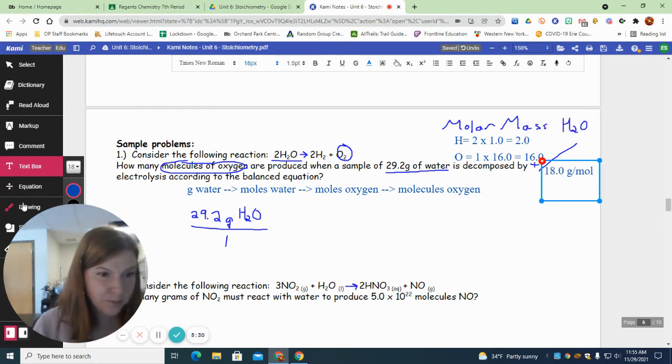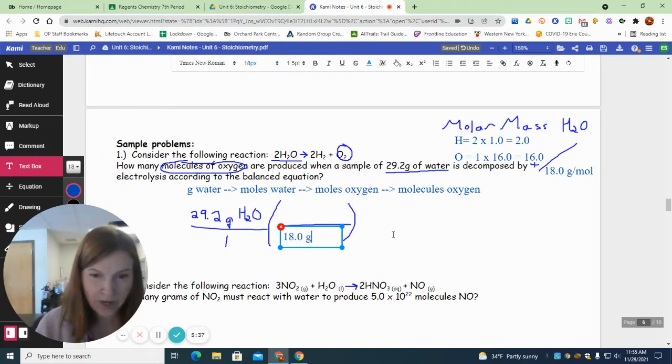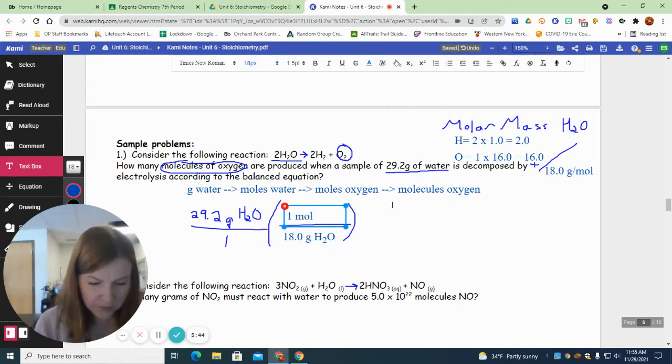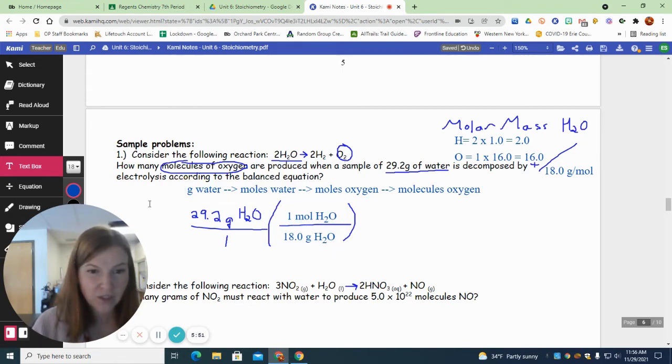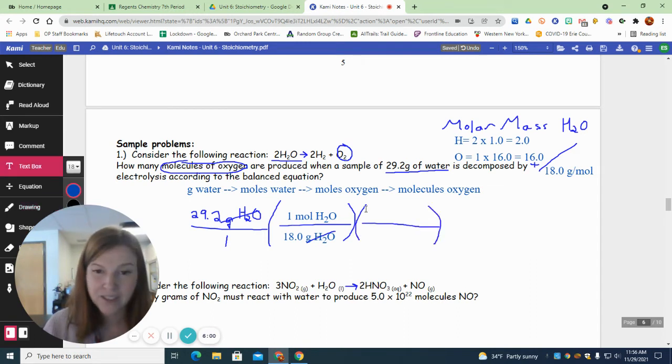All right, so that's going to be my first fraction, where I'm going to put the 18.0 grams of H2O in the denominator, 1 mole of H2O in my numerator. So if you set this up correctly, you're going to have grams canceling with grams, all right? My next fraction then is my mole ratio, and I'm pulling this right out of my balanced chemical equation.